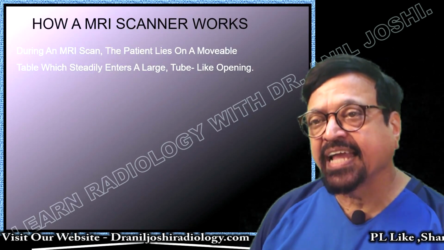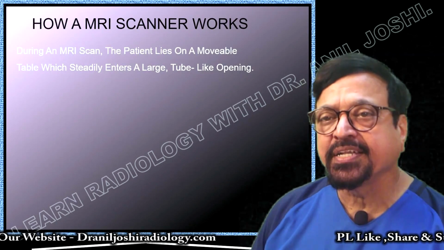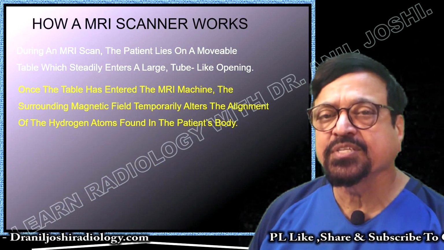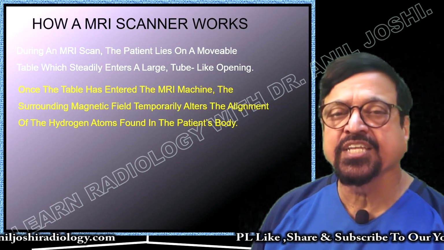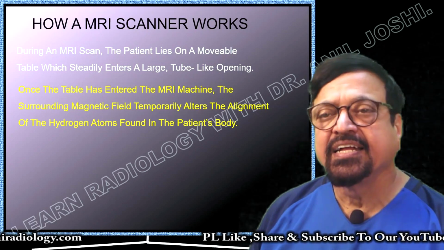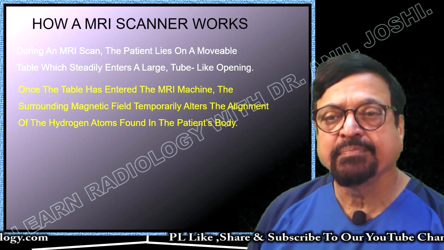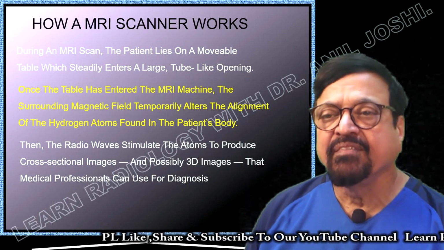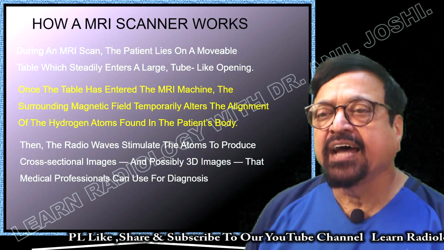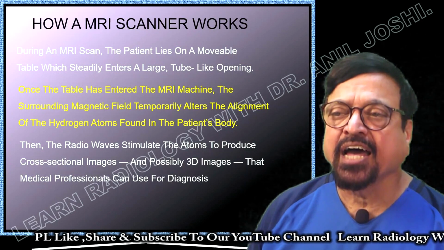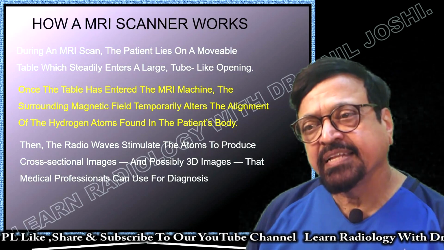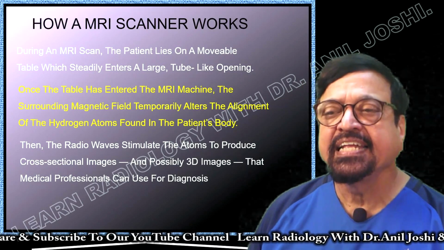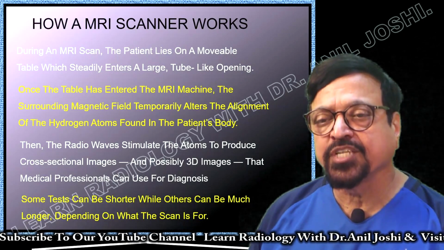During an MRI scan, the patient lies on a movable table which steadily enters a large tube-like magnet. This is, in a nutshell, the process of the MRI procedure, where the patient lies on a table, then goes into the magnet, and then radio waves are stimulated, the atoms are imaged, whatever changes are happening in them are imaged, and that is useful for medical diagnostic purposes.